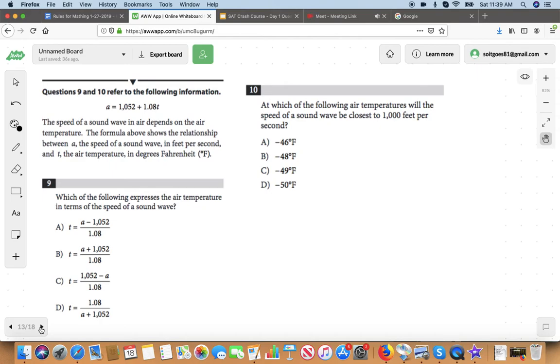How could we solve this by testing the answer choices? We would refer to the question 9 equation.